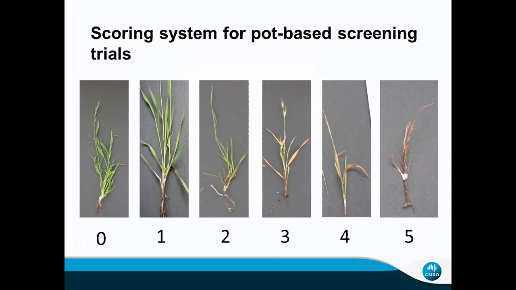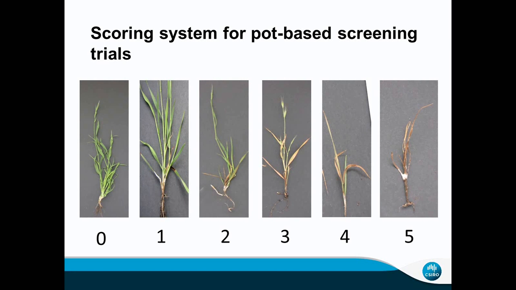at least. Jonathan has developed a very good infection system, and this is the scoring of Brachypodium seedlings after crown rot infection. As you can see here, some of the plants are completely devastated, and then we have developed this scoring system from 0 to 5.